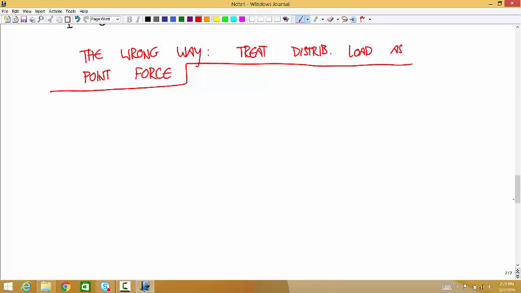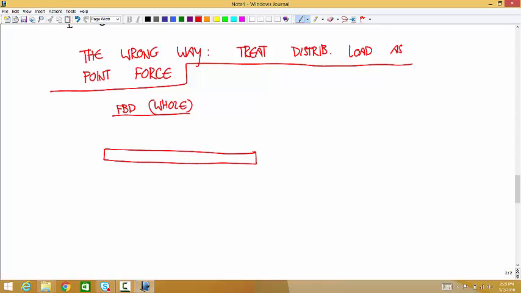Okay, so free body diagram of the whole thing. You have the weight down of 981, and you have these reactions. So how many places are there in this problem where the sum function can change? Three in this case if we're treating this as a point force: 1, 2, 3.